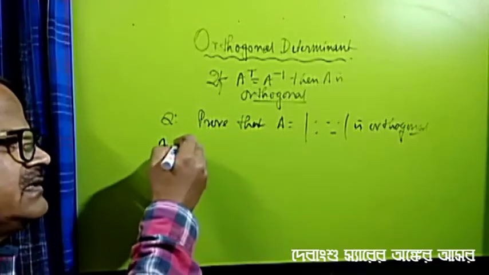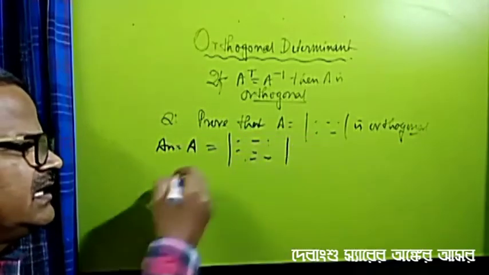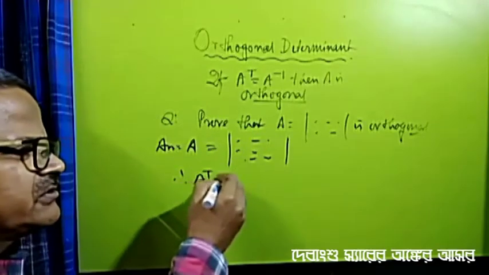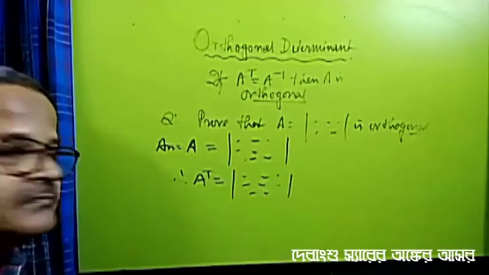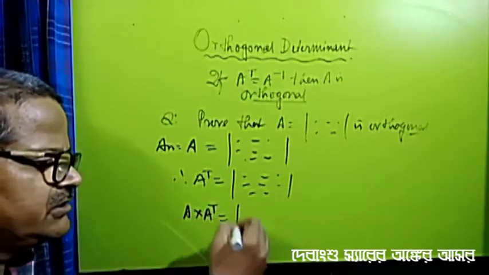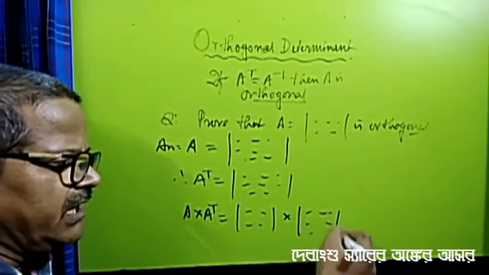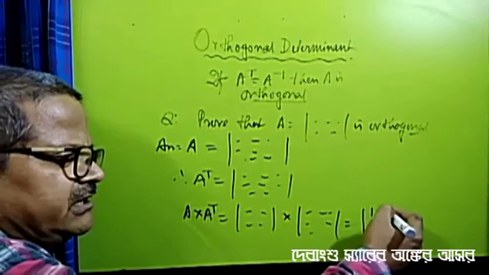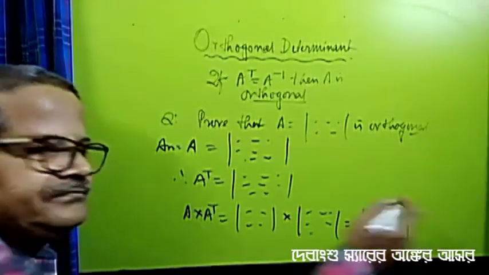Answer: A is equal to this. Hence A transpose is equal to this after taking the transpose. Then A into A transpose is equal to, take the product, and show that this product is the identity matrix 100, 010, 001.